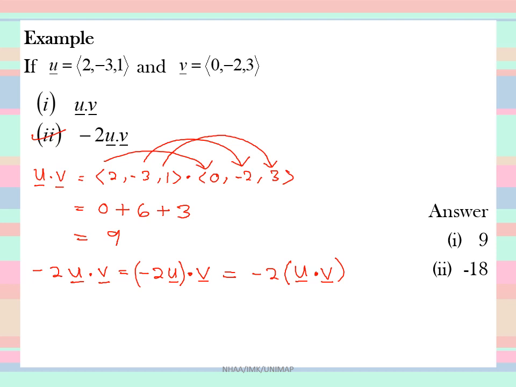Since we have calculated the dot product of u and v, which is 9, we just insert 9 here. So minus 2 times 9 is minus 18.